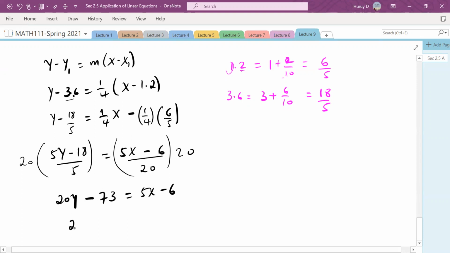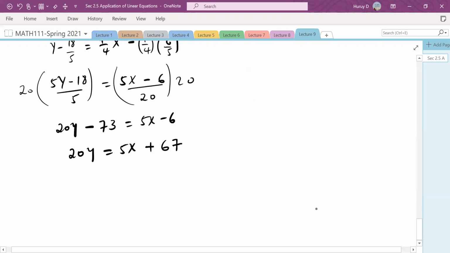And now we have 20y equals 5x plus 67, right? Yes, 67. So I don't think we can simplify further. And this is what we have.